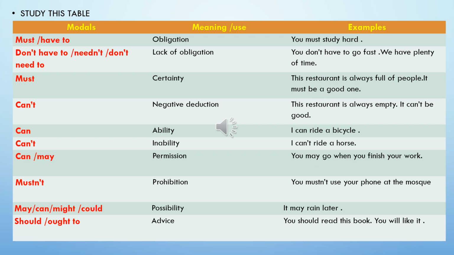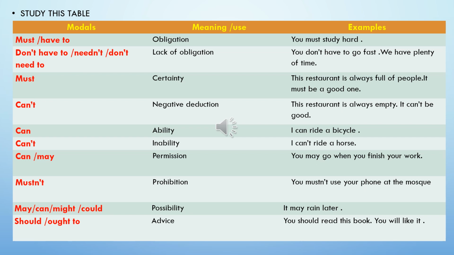But here I have the evidence. What is it? It's this restaurant is always full of people. So what is the conclusion? It must be a good one. What does it mean it must be a good one? It means it is certain, or I am certain that this restaurant is good, or I am sure that this restaurant is a good one.